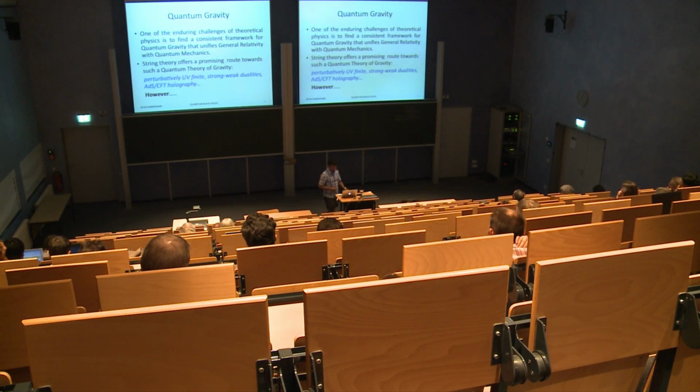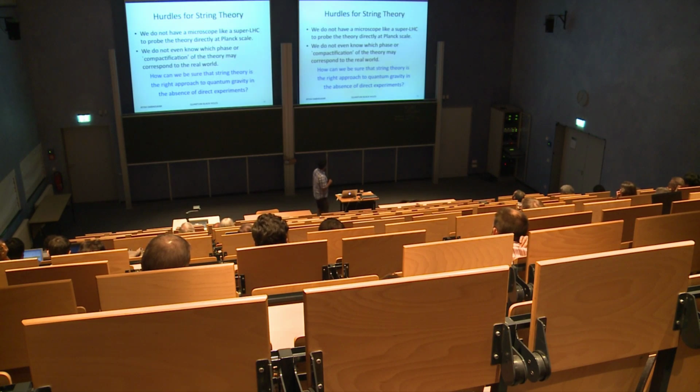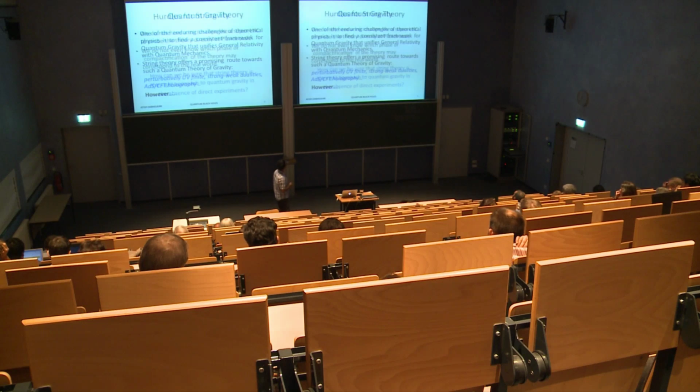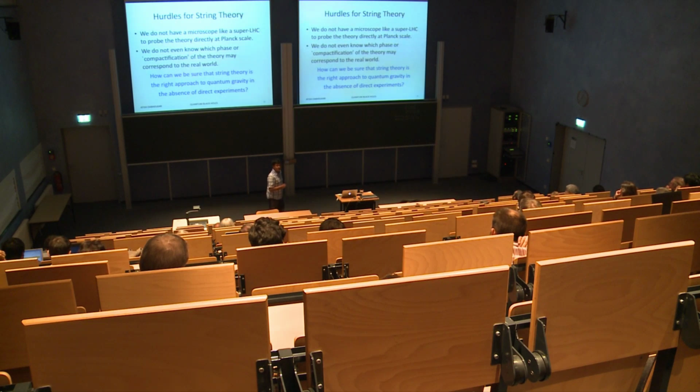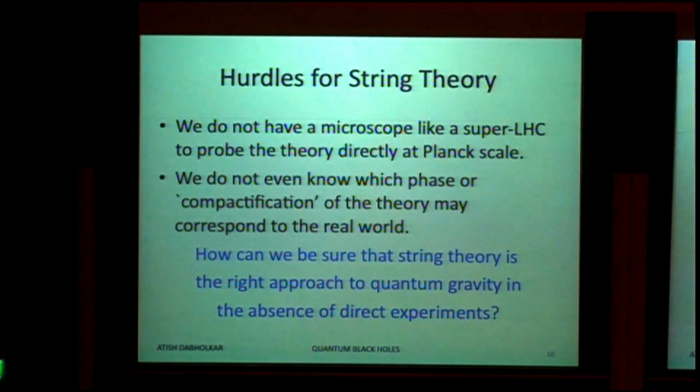So even though there are signs that string theory has the right ingredients, there are many problems. The main hurdles for string theory are that, first of all, we don't have a microscope like the super LHC by which to probe the theory directly. Secondly, an even worse problem, which many of you might have heard, is that we don't even know which phase or compactification of the theory might correspond to the real world.